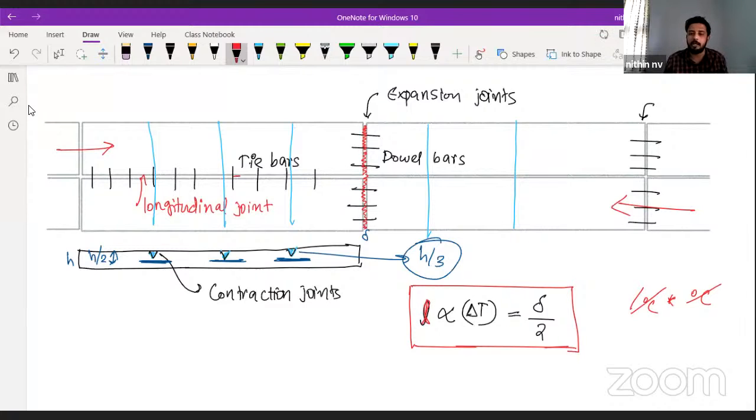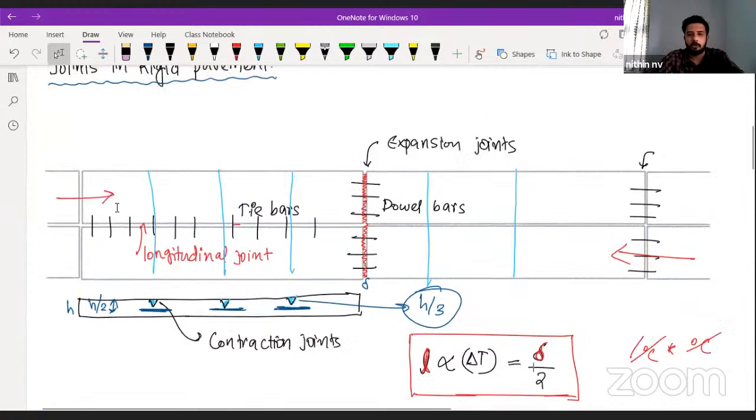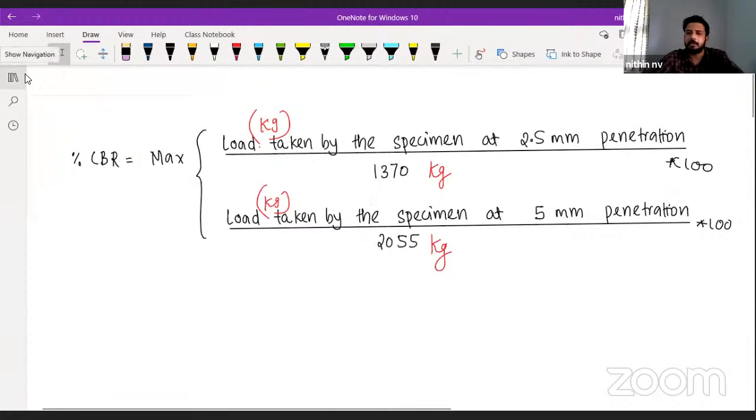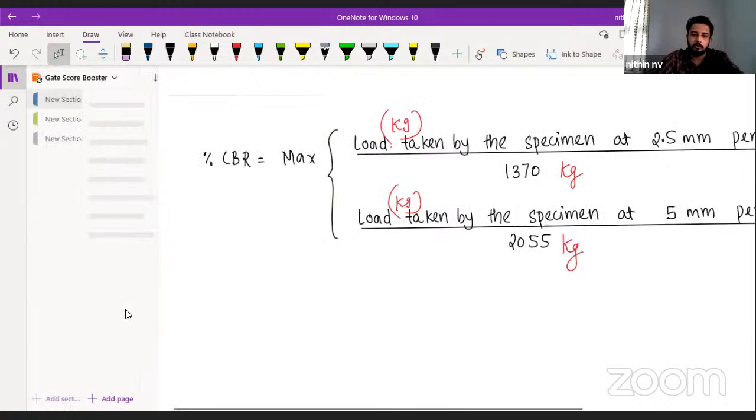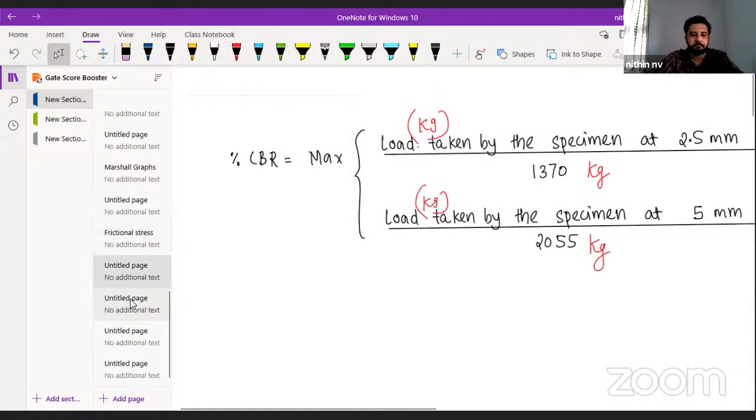The unit of L that you substitute will be the unit of the gap of the expansion joint you get. Properly remember, we have to divide by 2. Clear? Then some extra points for theoretical purposes regarding the stress in rigid pavement, I will tell you if time permits.